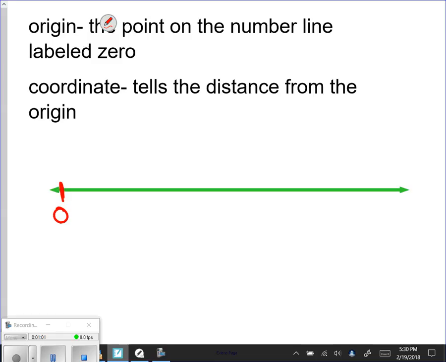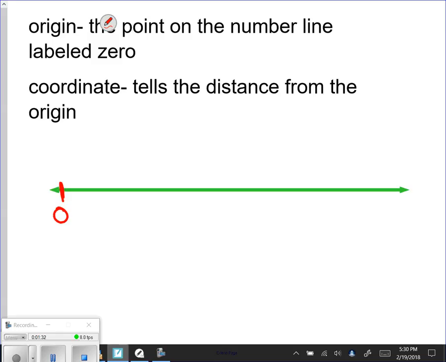Whenever you're doing coordinates or a coordinate grid, it just tells you how far the object, the shape, the dot, or whatever, is from the origin, or from 0. In this case, we're just doing number lines, but later on, when we have more than one number, it will tell you how far it is from 0.